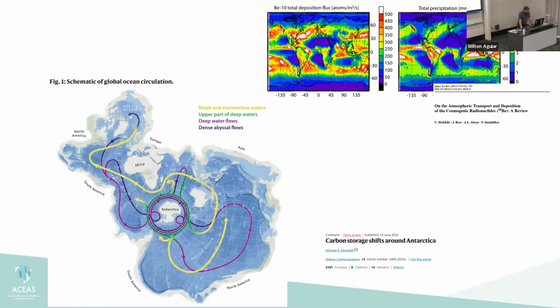So what's coming down on the Antarctic continent is actually relatively little in comparison to more northern areas. And if that's coming down there, then those beryllium atoms will get swept up in the global ocean circulation and make their way to the Antarctic continent eventually. Some of these water masses, specifically circumpolar deep water, could then be driving beryllium concentrations on the continental shelf.